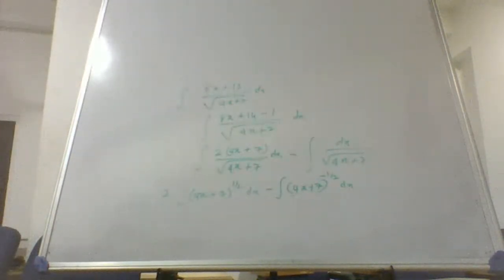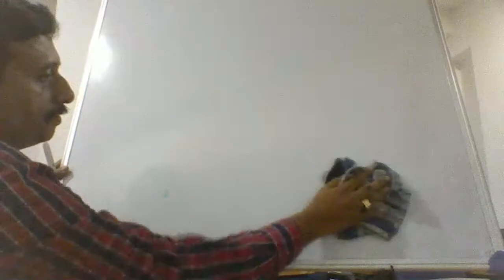Fine. Now again you can integrate this. When you integrate this, let me take blue. Okay, so what do I get? I get 2 times the integration. If I do it, this would be (4x + 7) to the power of 1 + 1 by 2, that results in 3 by 2.